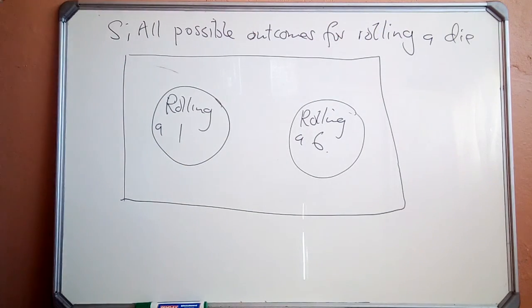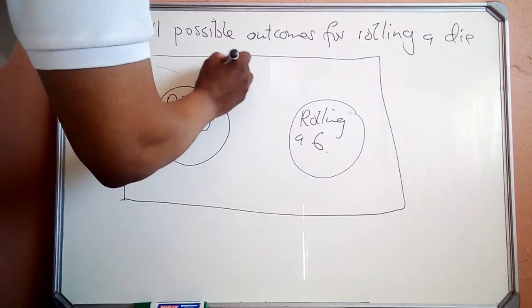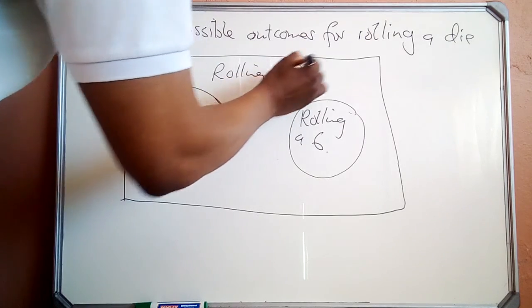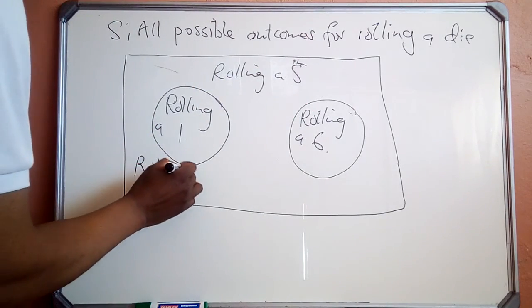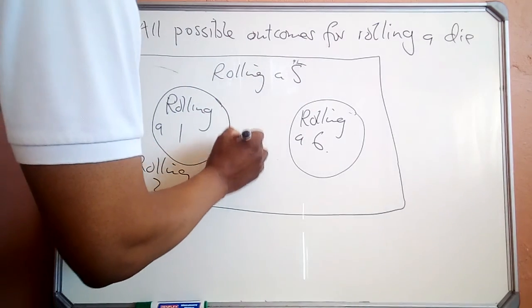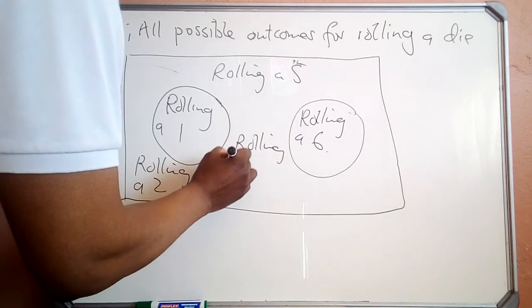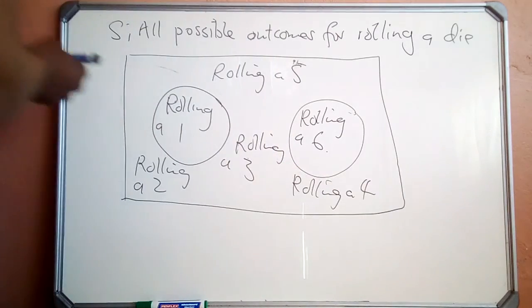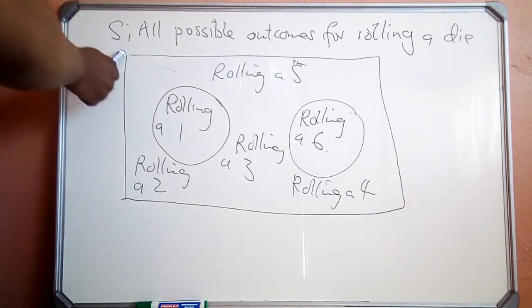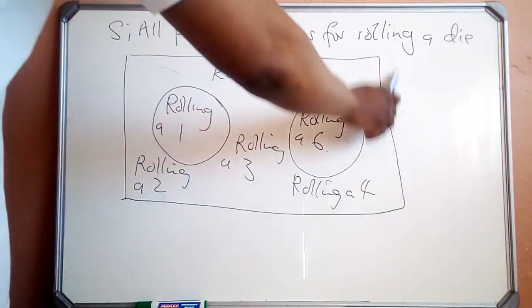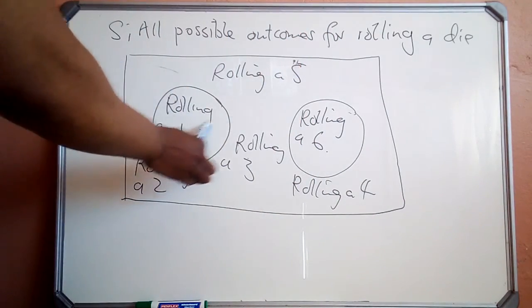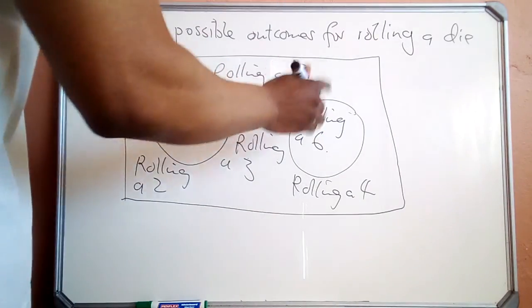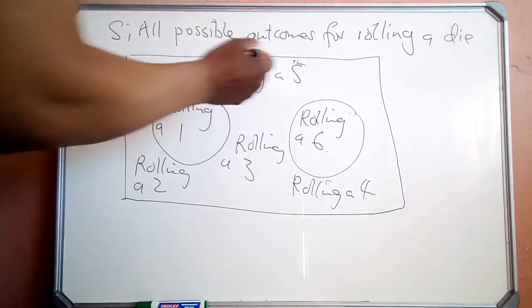We've got 6 possible outcomes, which will include rolling a 5, rolling a 2, rolling a 3, and rolling a 4. In a Venn diagram, all the possible outcomes are within that sample space, which is your S. And then the 2 mutually exclusive events, I want you to see, because from here you can really visualize that these 2 are mutually exclusive.